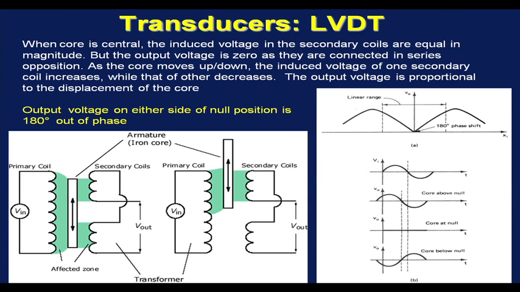Output voltage on either side of null position is 180 degree out of phase, as you can see when you plot the output voltage versus the displacement of the core.